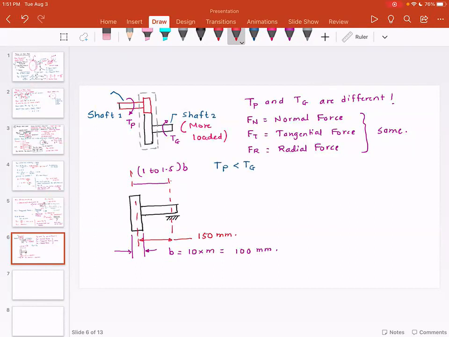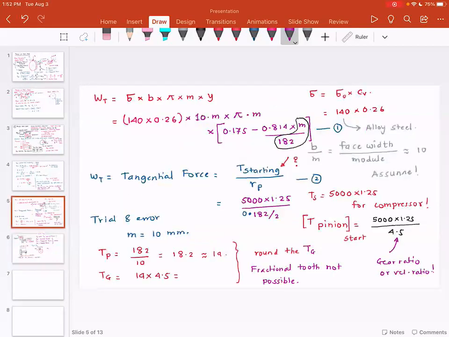Now then I need to find out what are the forces. So if you look at the forces, I'm going to show you the side view. This is a side view. We are going to have WT, and we are going to have WR, and here that is going to be WN. So WT we already know.